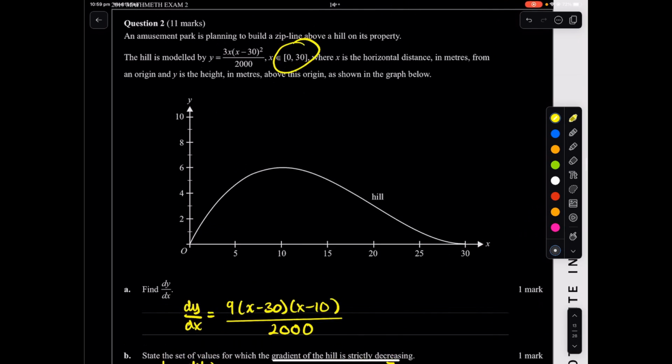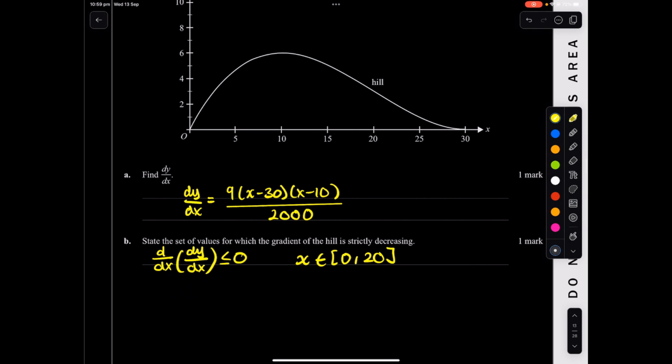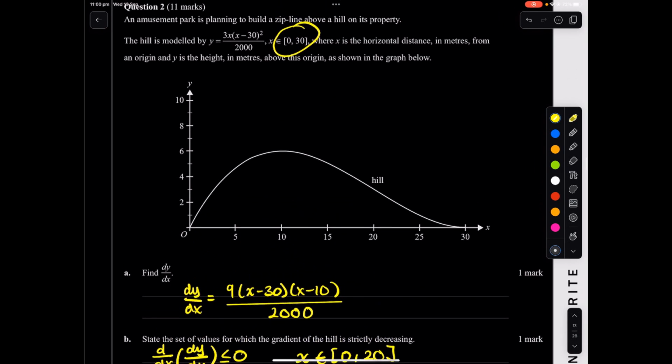Yeah, I'll have a look at this after. It's only 1 mark anyway. It should be x an element from 0 to 20. I'm not too sure. Do you include it in this term? I don't think you include it because when you normally derive a hybrid function, these values over here don't become included after you derive them.